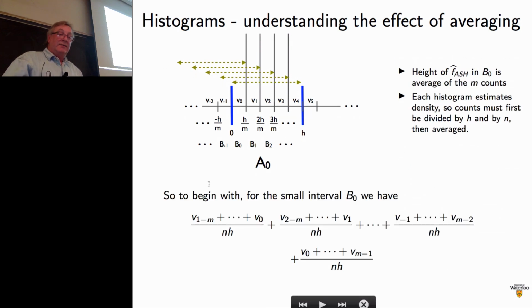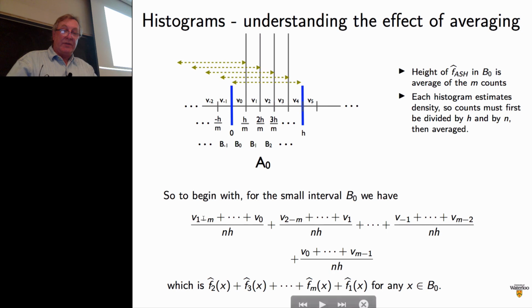If I do that, and I turn it into a density, so I'm dividing by NH, that's just what the pieces are. That's just what they add up to. Now I'm just ordering them. So this is the piece, that's my F2 hat, F3 hat, and this is the one I started with down here, my F1 hat. That's the height in densities, right?